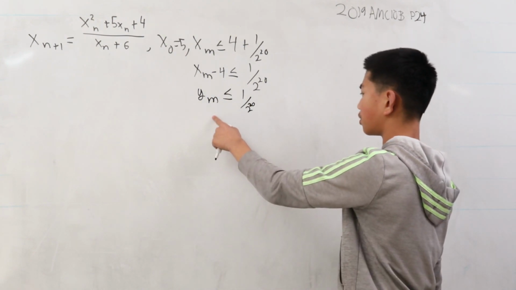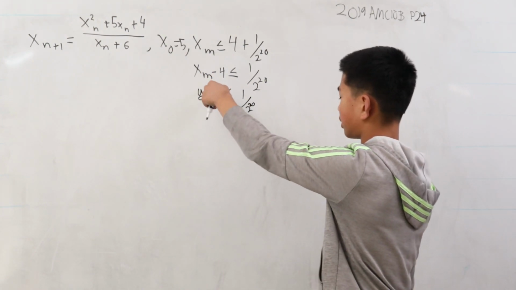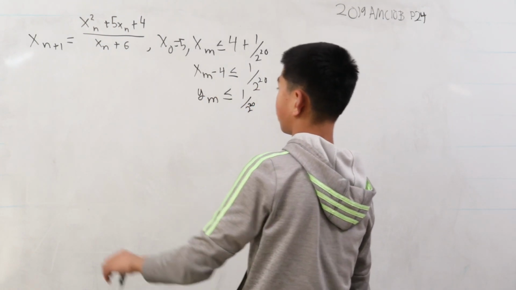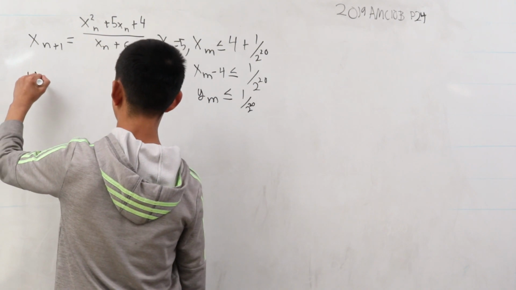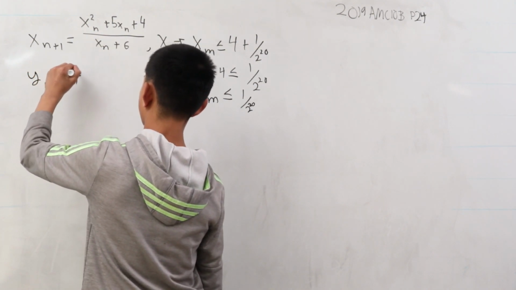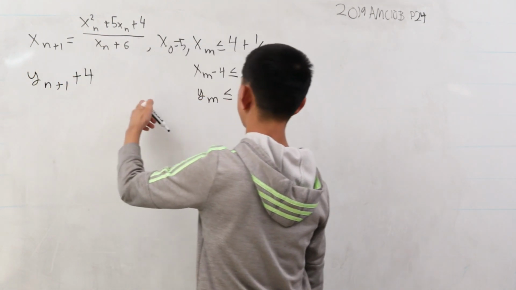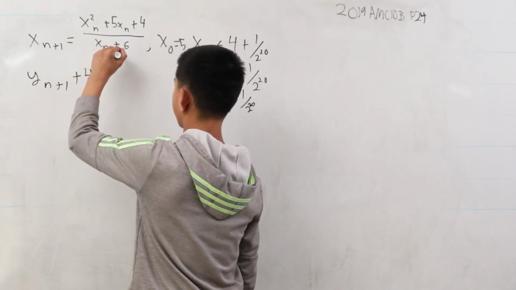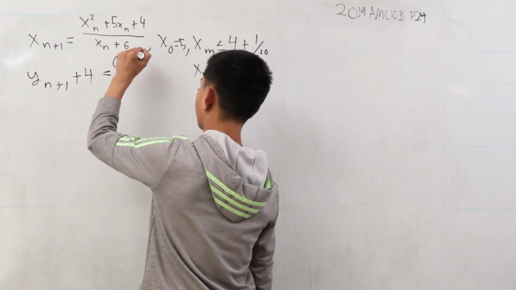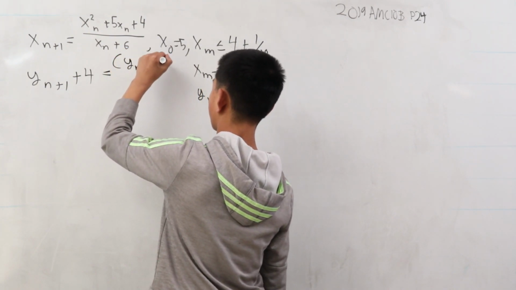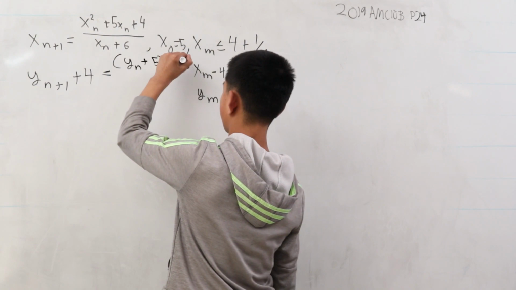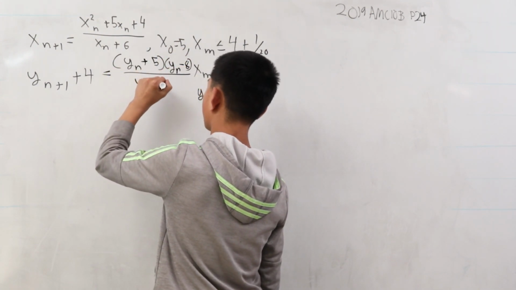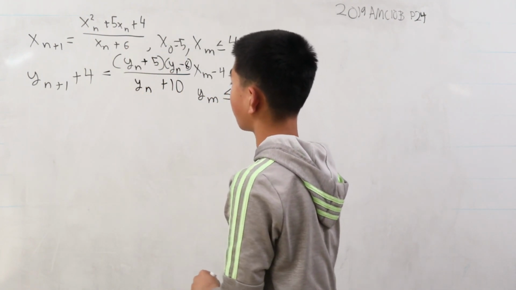Once we make this substitution and simplify, we get that y of n plus 1 plus 4. We add 4 here because xm minus 4 is equal to y of n plus 5 times y of n minus 8 over y of n plus 10, since there's 4 more now.